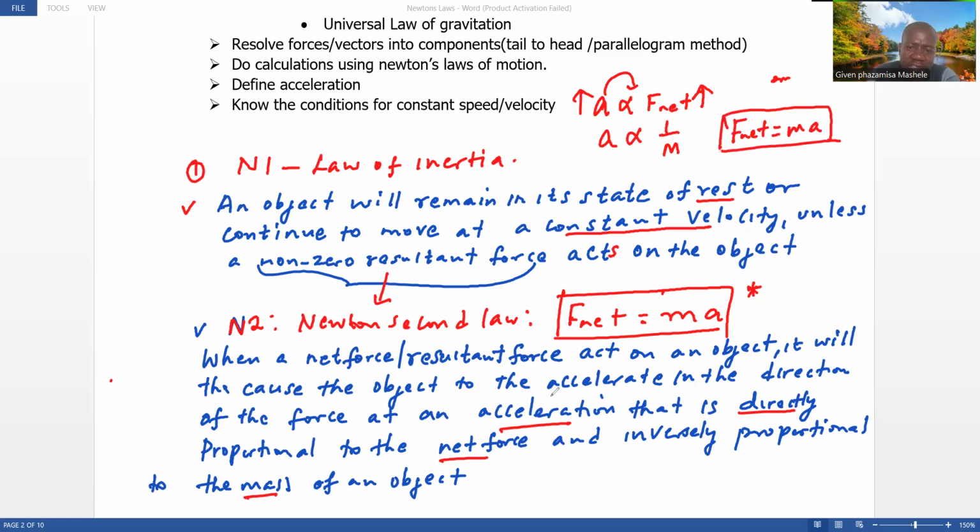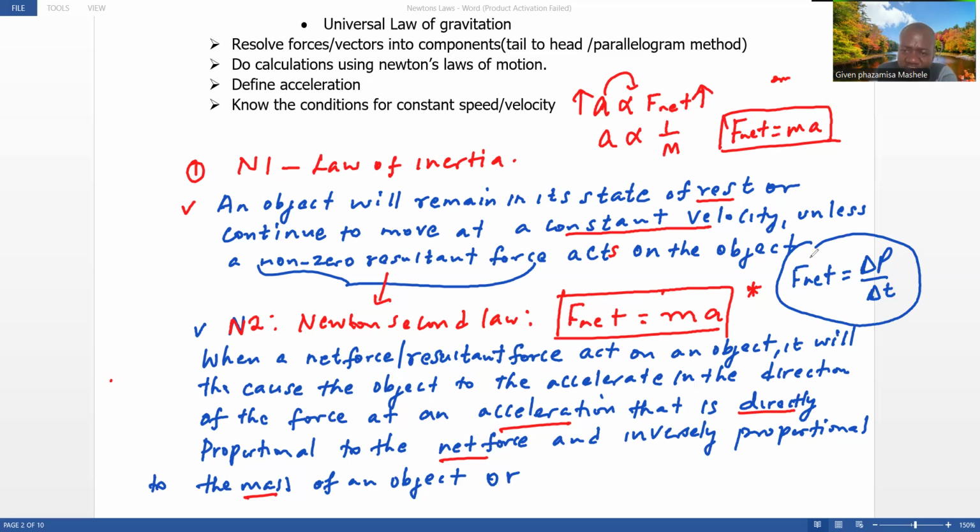And by the way, guys, maybe you don't know this: if they say state Newton's second law of motion, you can also state it in terms of momentum. They will not penalize you because it's the same thing.